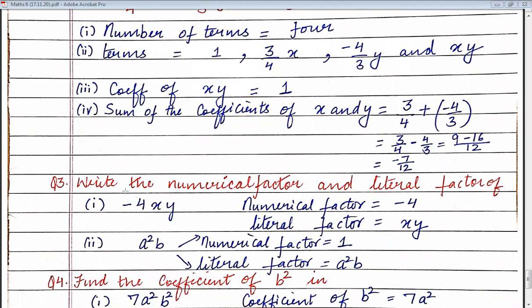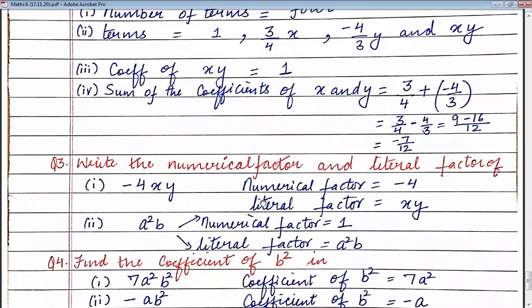It's so simple: the numerical coefficient is the number itself, and the literal factor or coefficient is the variable. So children, what is the numerical factor of this? That is minus 4 and the literal factor is xy.